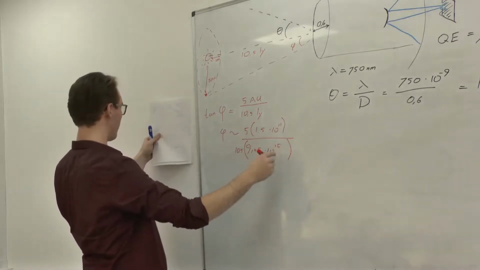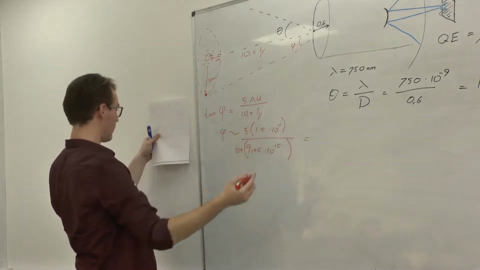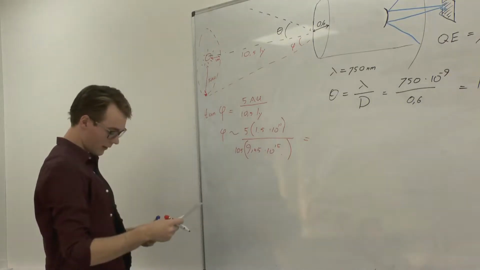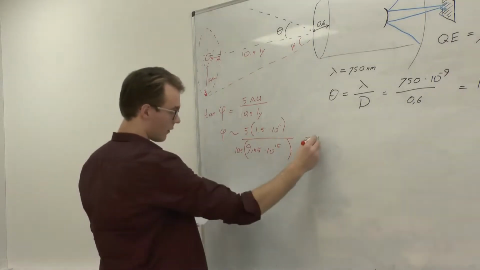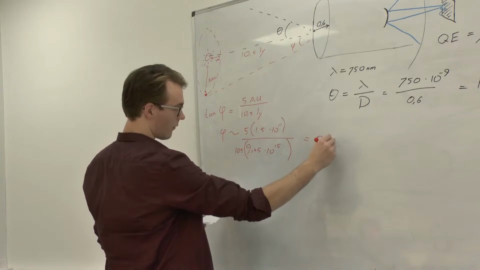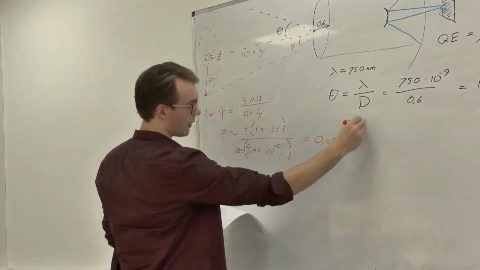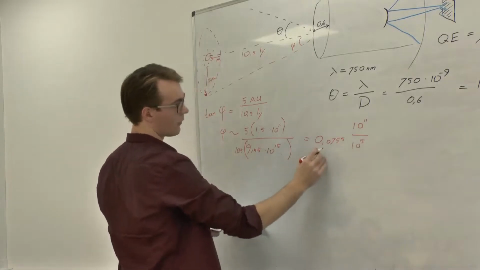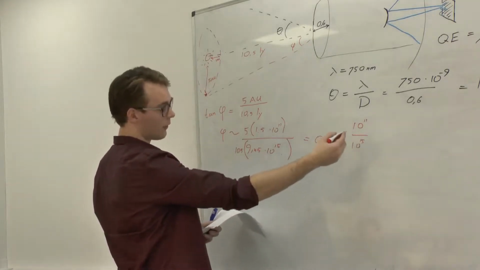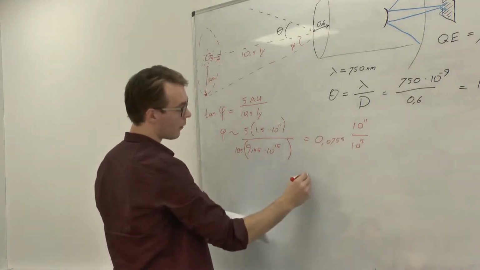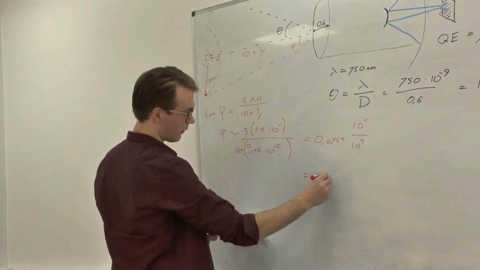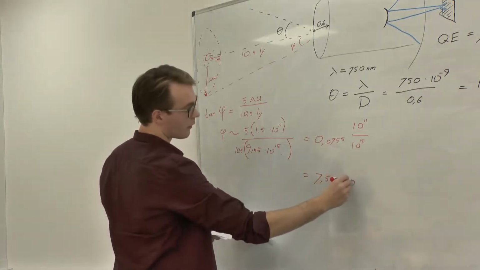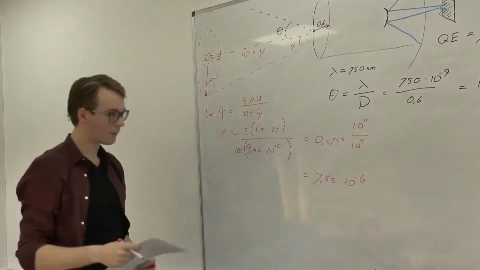Put these meters in there, and if you put this in your calculator, you will see that this is 0.0755 times 10 to the 11th over 10 to the 15th. So it's going to be 0.0755 times 10 to the minus 4. Or if you want to nicely rewrite it, it's going to be 7.51 times 10 to the minus 6.